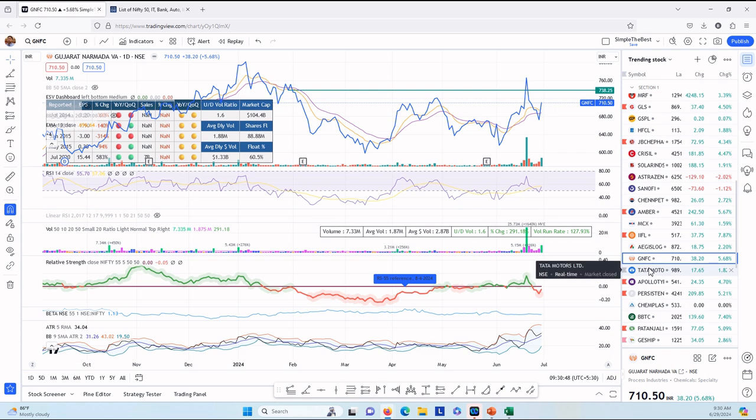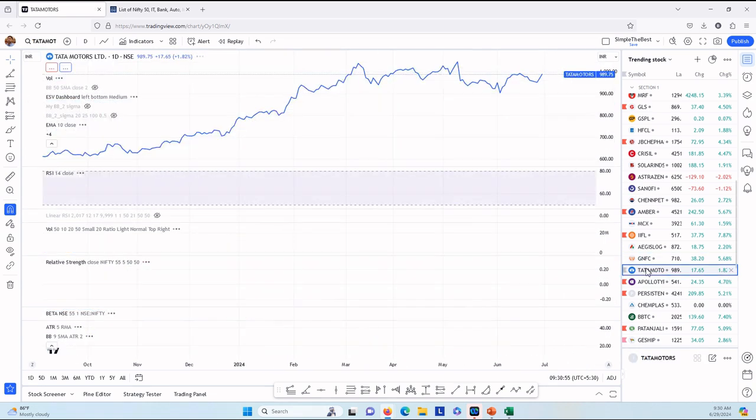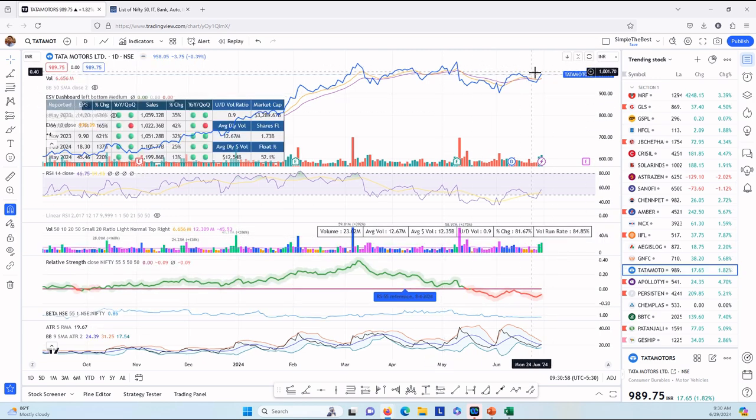Gujarat, yes, this stock has come here, and I think there is a rejection in that, so I'll not go for that. Tata Motors is showing kind of recovery, so if it crosses this line, I can go for that, but still RS is not in favor, so I'm not supposed to enter in this stock.